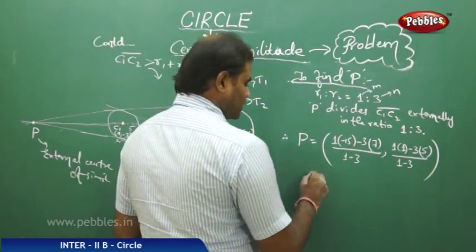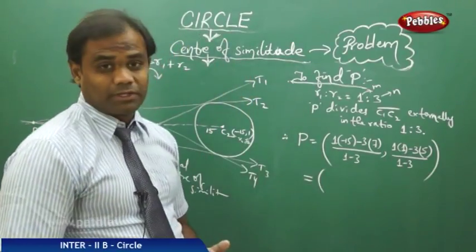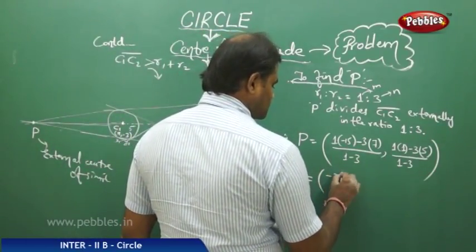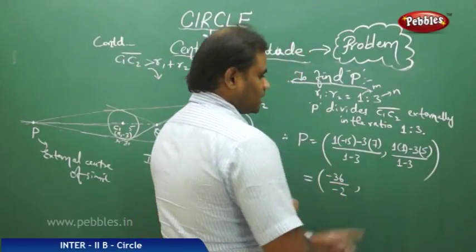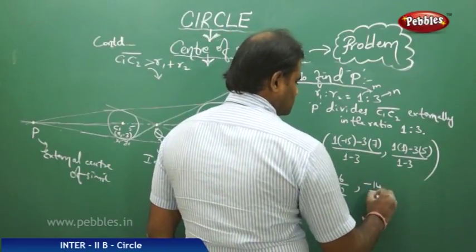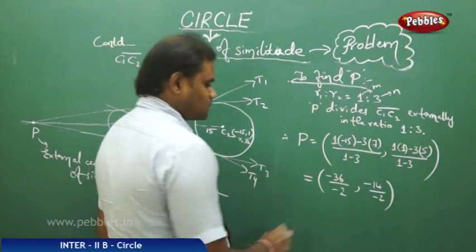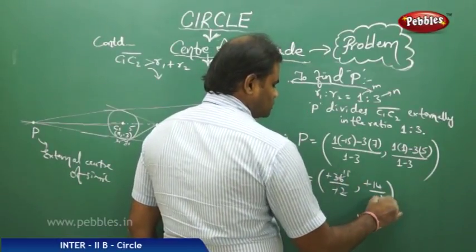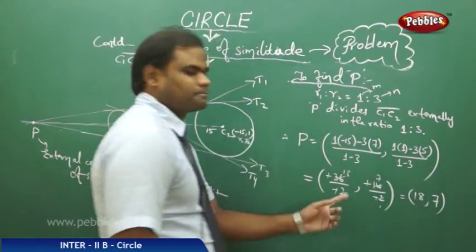On further simplification, this gives minus 15 minus 21 by minus 2, and then 1 minus 15 by minus 2, which gives 18, 7.